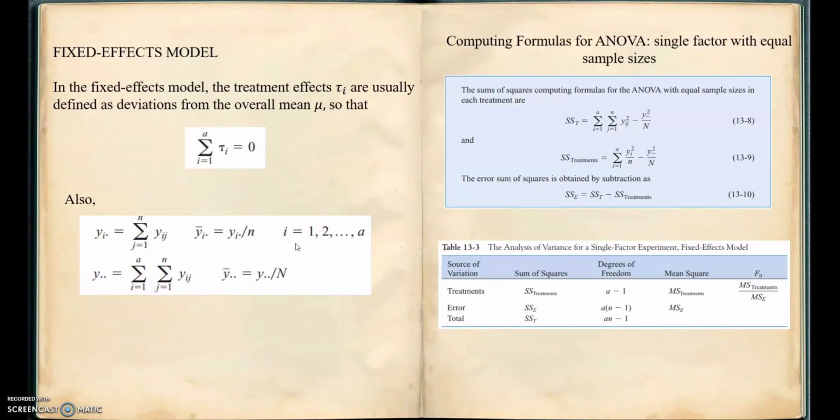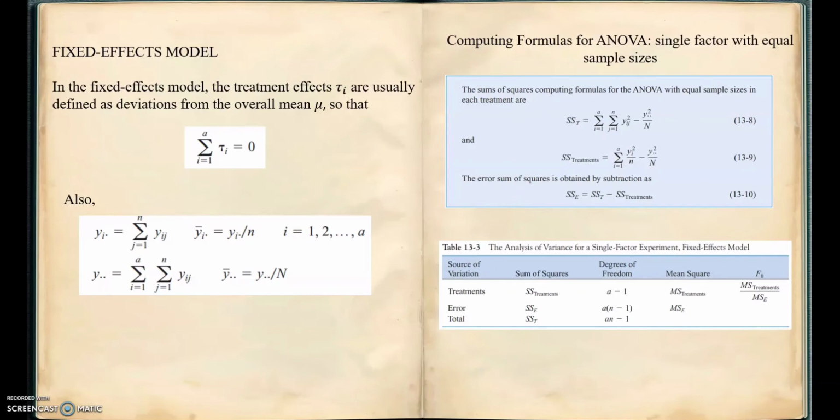Under the degrees of freedom we have a minus 1 for treatments, a times n minus 1 for error, and an minus 1 for total. In mean square we have the mean square treatments and the mean square error. Under F sub 0 we have the mean square treatments divided by the mean square error.